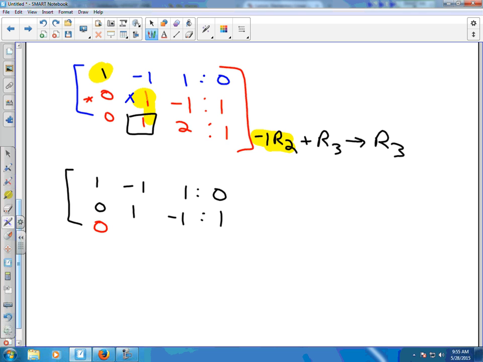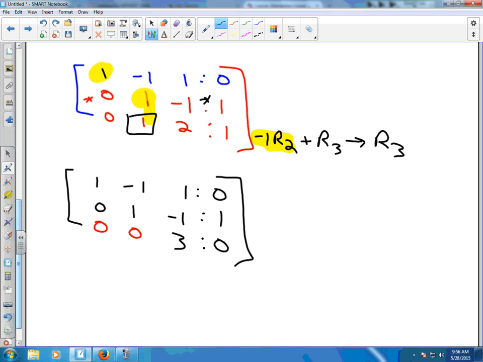We get -1 plus 1. -1 times -1, that's a +1 plus 2, so 3. -1 times 1, that's -1 plus 1, 0. So the opposite of row 2 plus row 3.